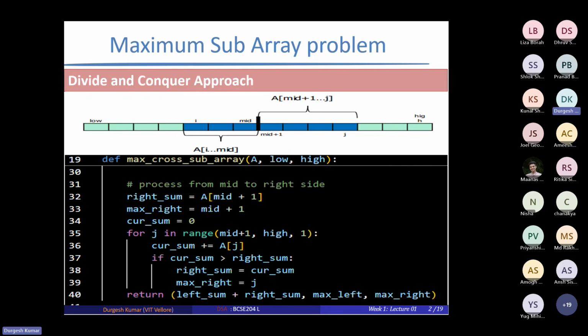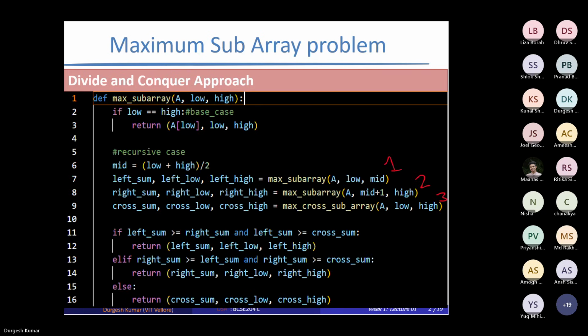And what will be the recurrence relation for the maximum sub array? Yeah, correct, Dipanshu. Pranab, you have to also write T(n) = 2T(n/2) + theta(n), or big O of n, or even n.